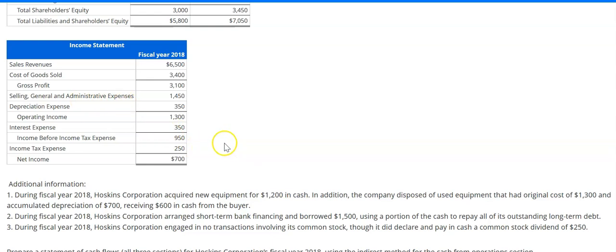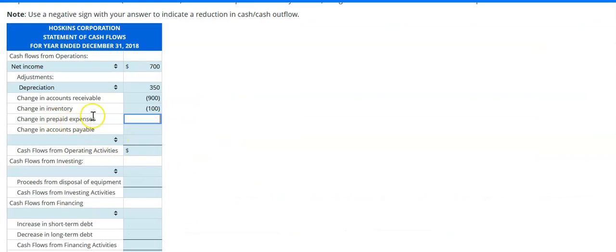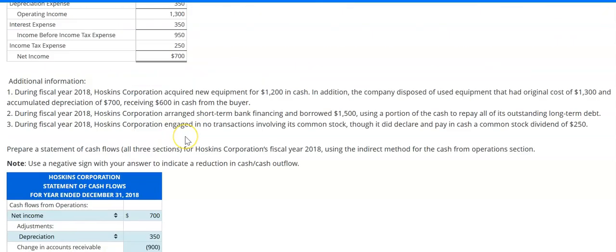But this is a portion of this $1,450. $250 of that is non-cash. So we're going to go down here, change in prepaid expenses. It went down, so that means that the income statement has been expensed by $250 too much, that was not in cash.